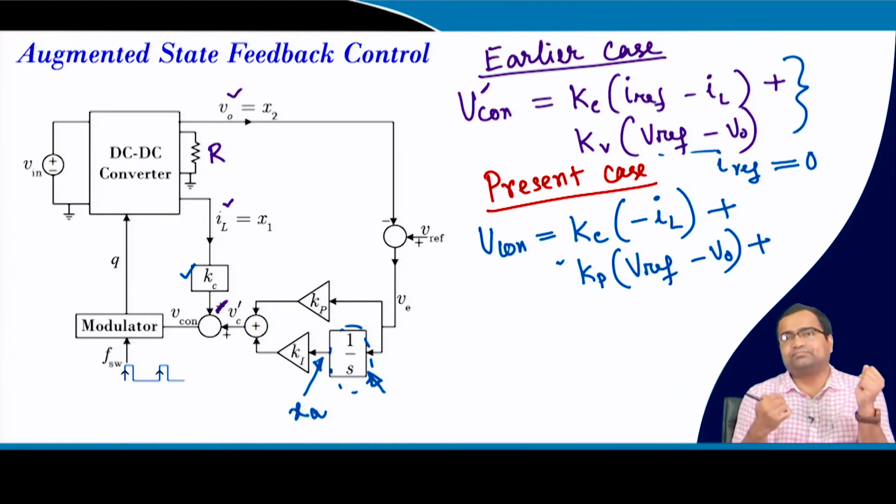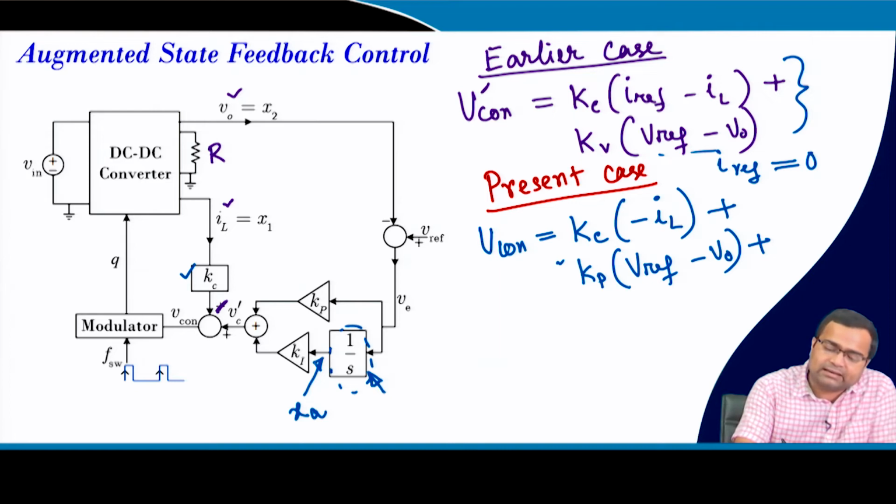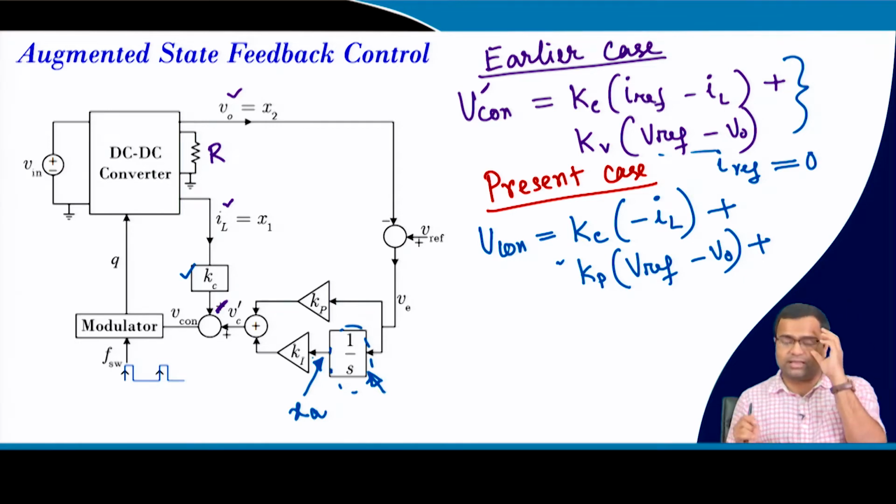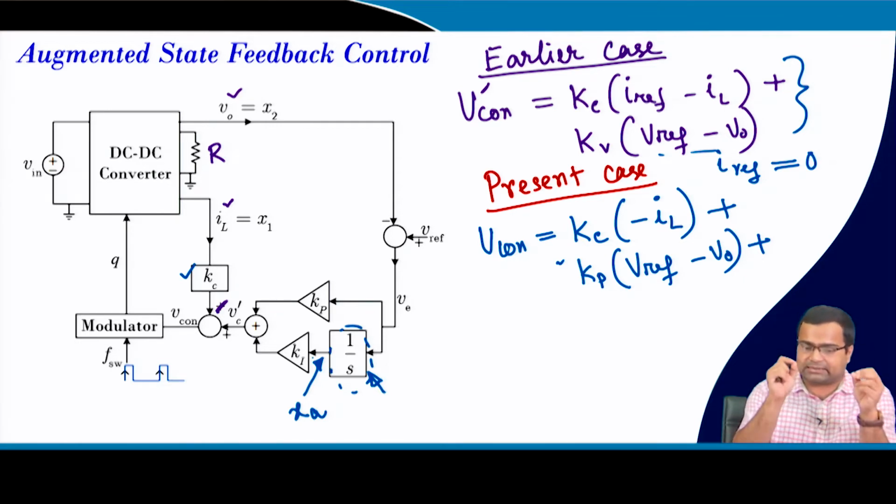In fact, if we recall our initial model development, a 1 by S term was added in order to realize the dynamics of the inductor current, as well as another 1 by S term was used in order to realize the capacitor dynamics, because the inductance has a dynamics, the capacitor has a dynamics.